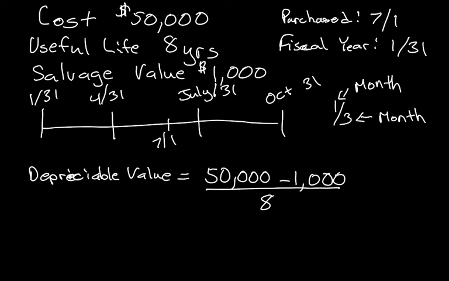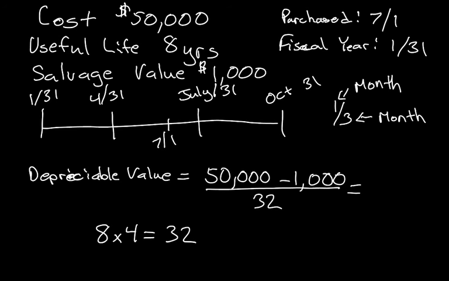Now, wait a minute. That's 8 years, but this company is on quarters. So reality is we need to take those 8 years and multiply it by 4 quarters, and we'll get 32. Now, that depreciable value needs to be divided by 32 quarters, because that's what the company is looking for, the depreciable value in quarters.